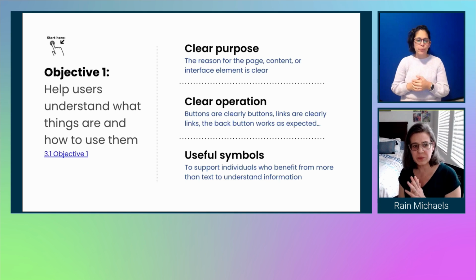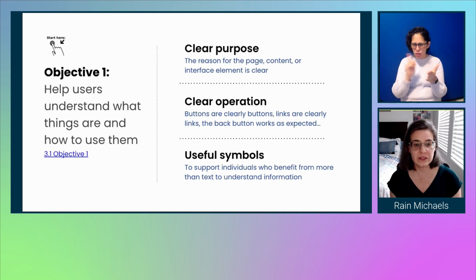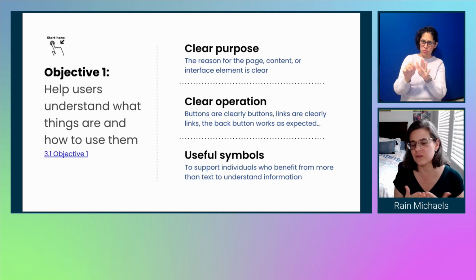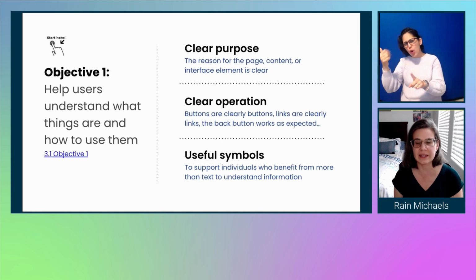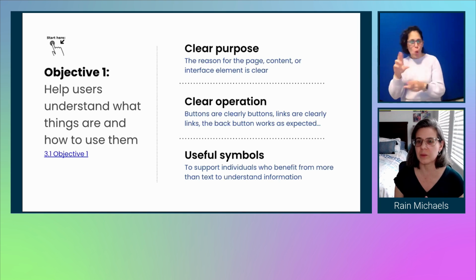And then another way to help people understand what things are and how to use them is to think about using useful symbols or other modalities for presenting information other than text or numbers. Again, we spoke about this a little bit with some of our personas.